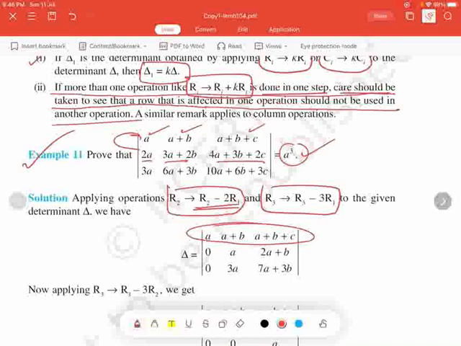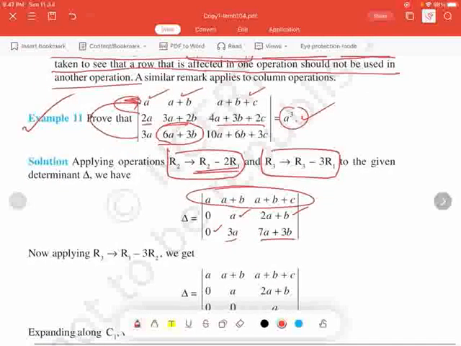And this is 2A minus 2 times A, 0; 3A plus 2B minus 2 times A plus B, it means A, and here 2A plus B; and for R3, 3A minus 3 times A, this is 0; 6A plus 3B minus 3 times A plus B, it means 3A, and 7A plus 3B.